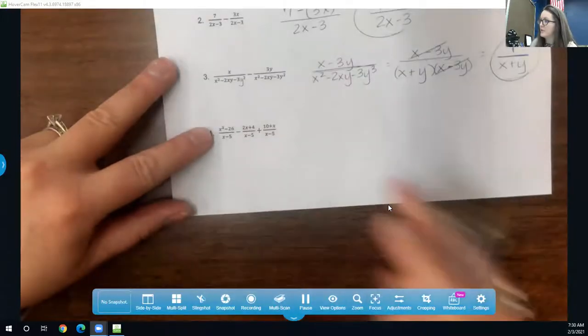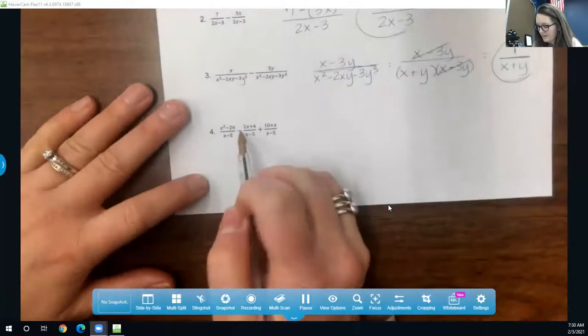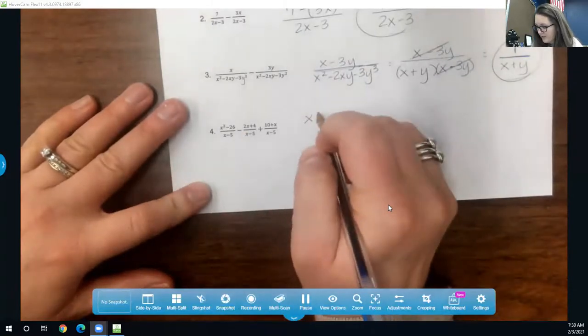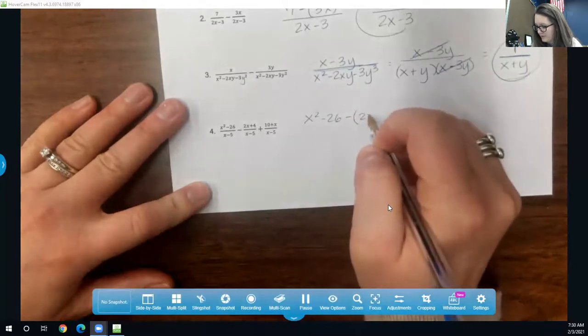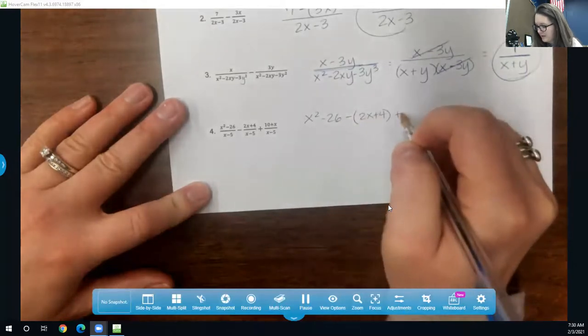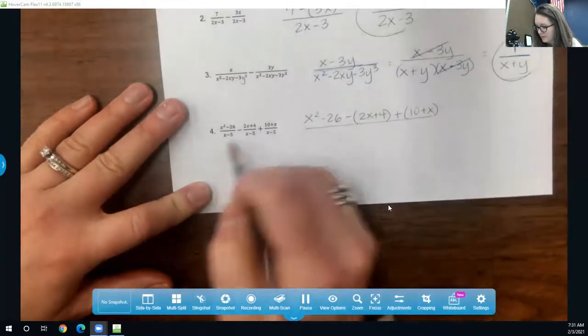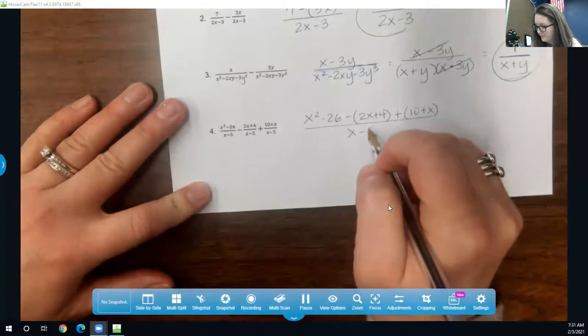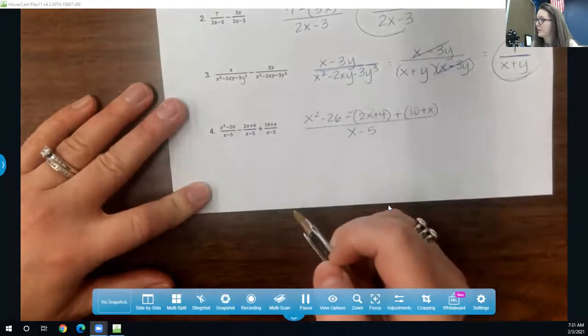All right, let's look at our last one here. This is where we come into the distribution of the negative, or the minus sign. So in the numerator, we have x squared minus 26 minus 2x plus 4 plus 10 plus x. So think about this. When I'm subtracting a binomial like this, it's really subtracting each term, right?